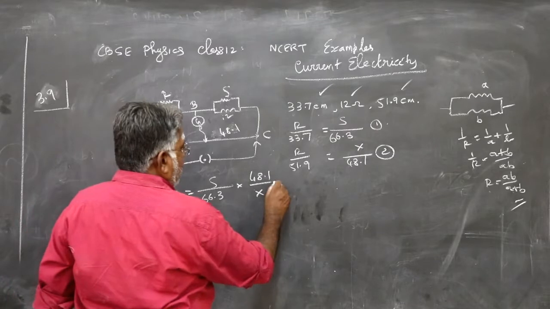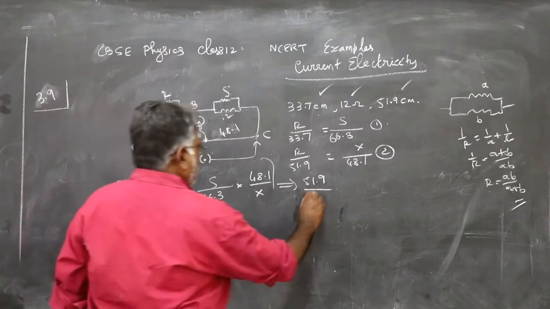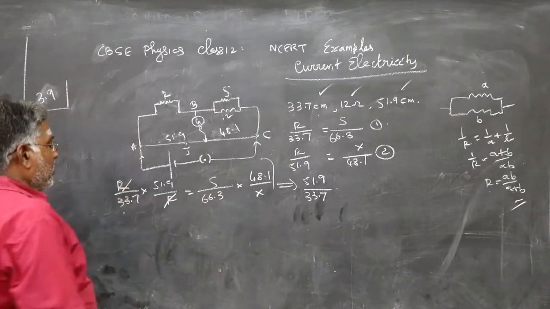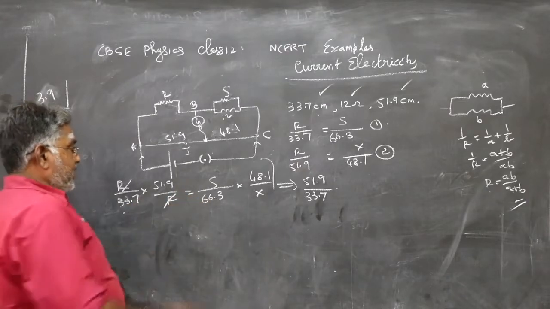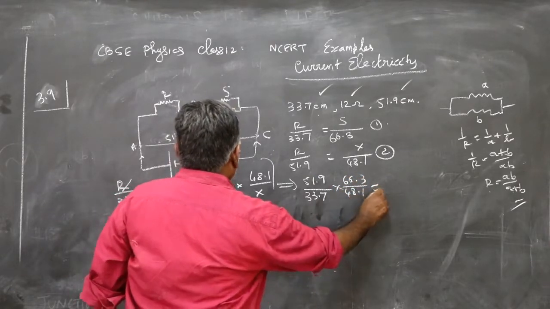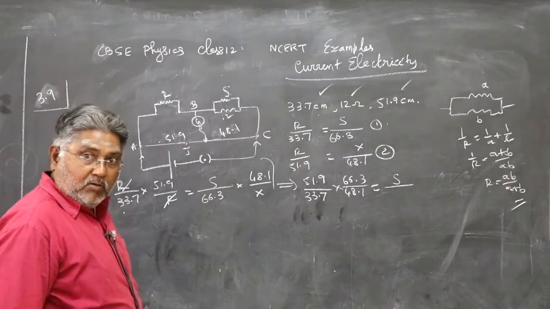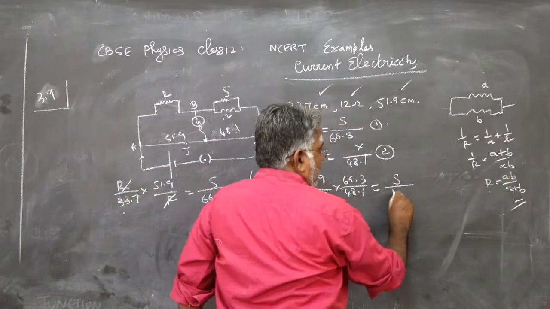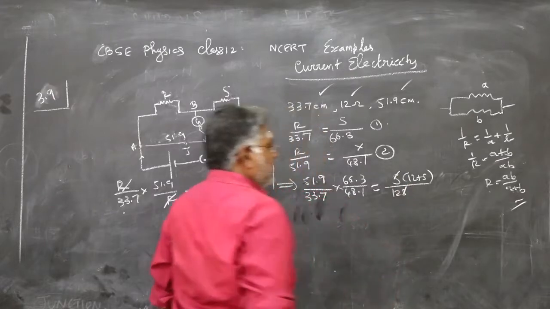So 51.9 by 33.7 on the left side, 66.3 will go to the numerator on the left side, into 66.3 by 48.1 is equal to S by X. But what is X? 12S by 12 plus S, AB by A plus B. So S and S will cancel.